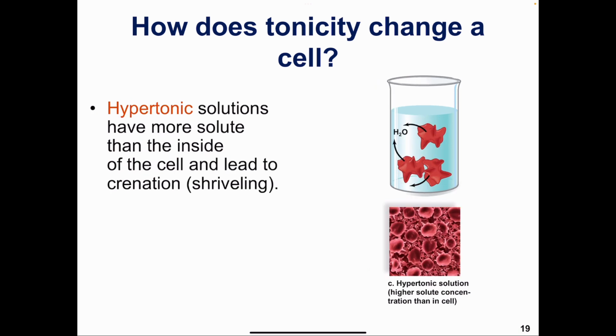Now, on the opposite side of the spectrum, the cell can find itself in an environment where the solute NaCl is so concentrated outside that water is going to leave the cell to go outside to try to keep things at balance. This is causing the cells to shrivel, right?